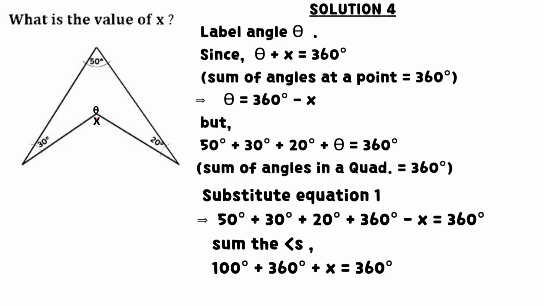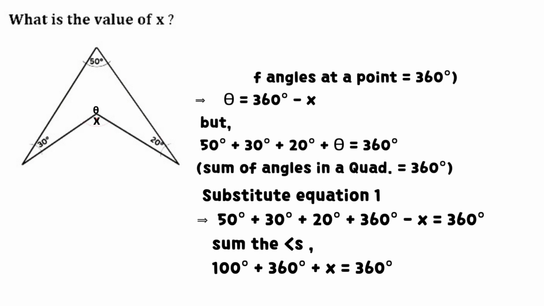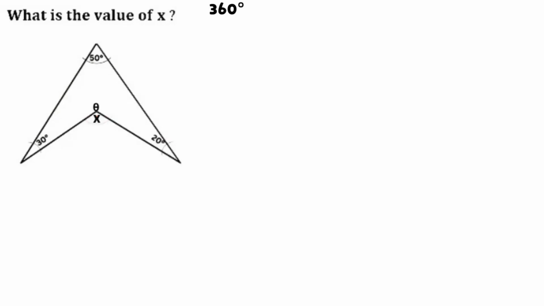The 360 degrees cancel out from the equation. We have that 100 degrees minus x equals 0. Solve for x. Therefore, x equals 100 degrees.